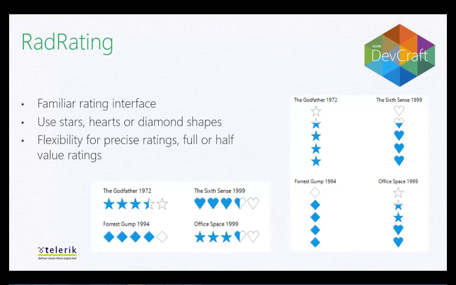The control is also very flexible, allowing the display of precise ratings, so you can have ratings like 3.4 or 4.75 stars. You can also choose to allow only full ratings, so only entire numbers like 1, 2, 3, or 4, or even allow half ratings, so you can choose a rating of 3 or even 3.5.